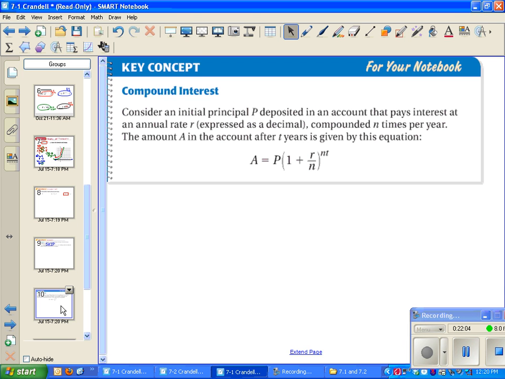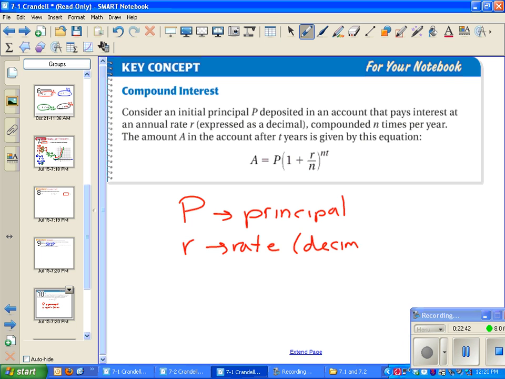And then we're going to do compound interest. So this should look familiar from our credit card project. But if you don't remember those notes, we have A is the amount after, P is the principal, right? So if you put 5,000 in the bank, that would be your principal. R is your rate, and that's expressed as a decimal.